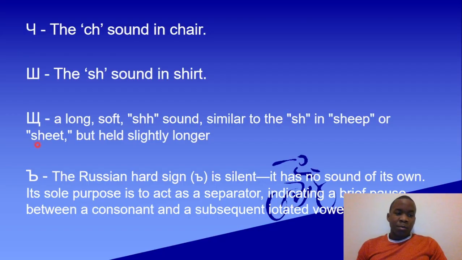Now the second one with this line at the end, that is sh. Look at the way my mouth moves. You say the first sh, and then you elongate your mouth. You smile it out, right? So sh, sh. That is our second one.